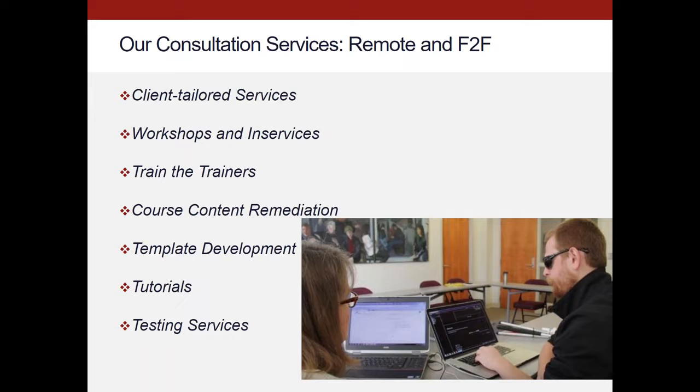Great. We've done a lot of work with workshops and in-services. We've done in-services for college faculty in another location at the start of a semester. Because we're in a university environment, most of the time we're contacted by deans, associate deans, or department chairs, and then we work with them to develop a workshop that fits the needs of their faculty and their students.